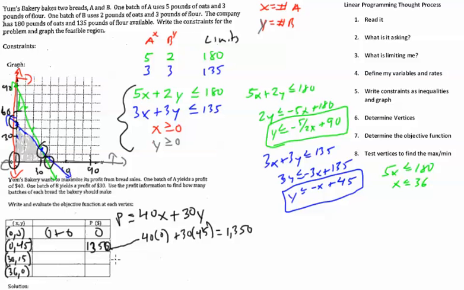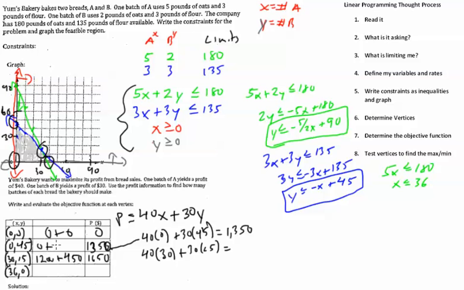Alright, now let's work it out the other way. If I have $40 of profit per batch of A and I make 30 batches of bread A, and $30 of profit per batch of B and I make 15 batches of B, that's 40 times 30 is 1,200, plus 30 times 15 is 450, so that gives me 1,650.